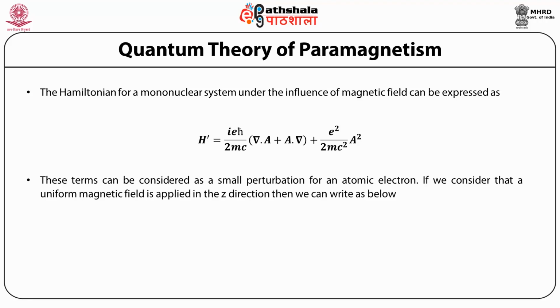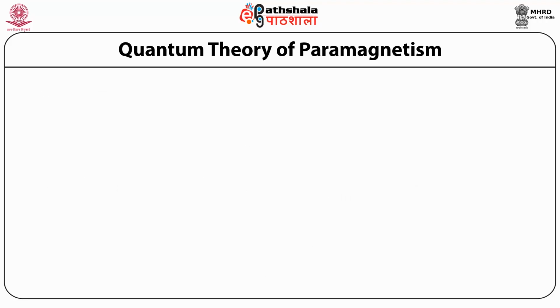These terms can be considered as a small perturbation for an atomic electron. If we consider that a uniform magnetic field is applied in the z direction, then we can write as below: Ax equal to minus half yB, Ay equal to half xB, Az equal to 0.